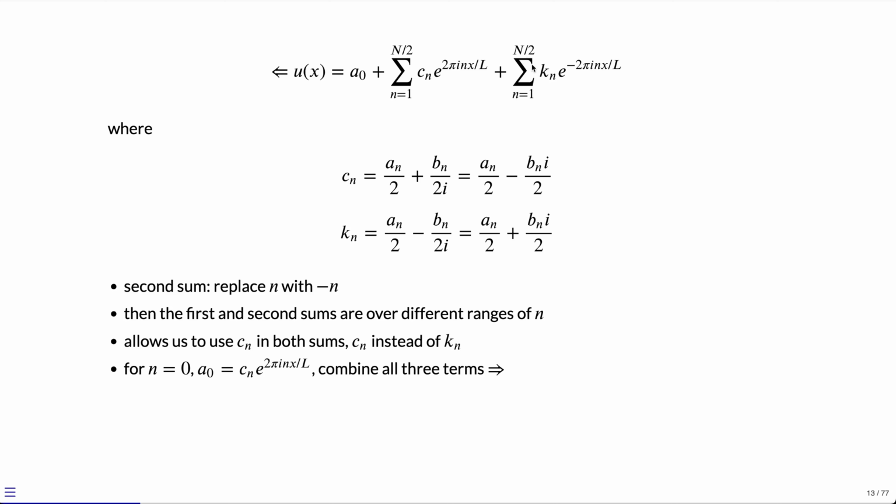The point is that when you do that, this sum is over a different range than this sum. And these exponentials are the same, but these are over different sums, so we can combine them and just replace Cn with Kn.